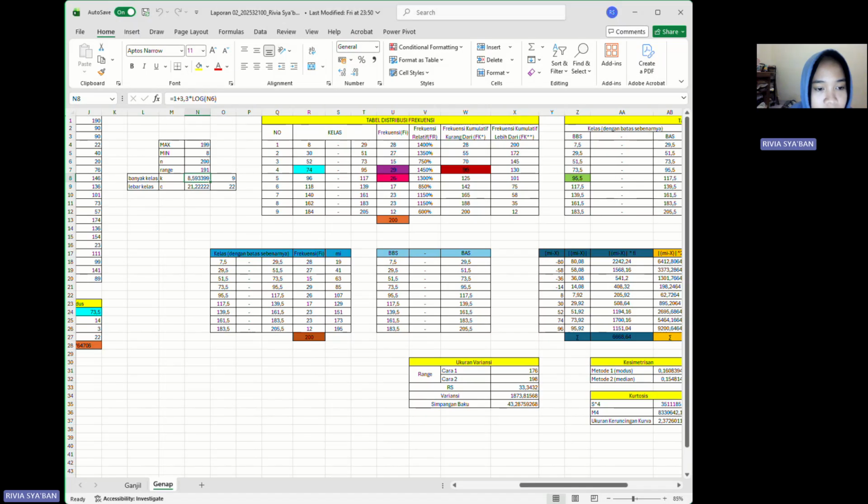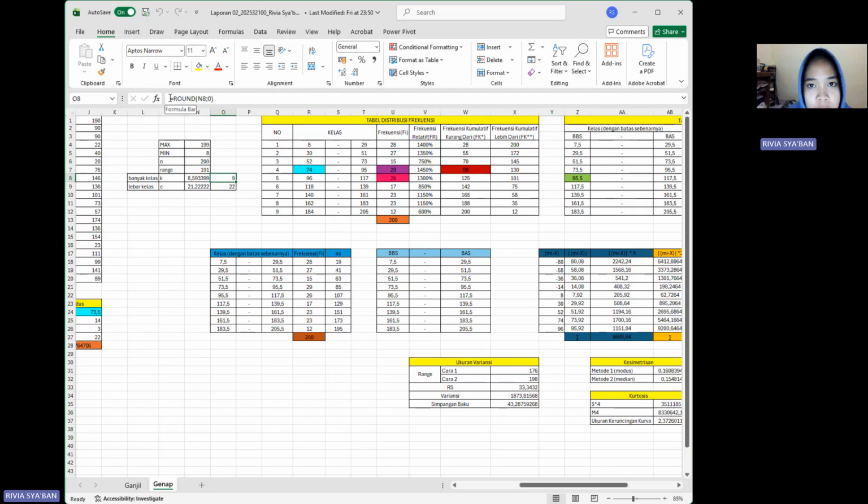We can calculate the number of classes, or K, using the Sturges formula. In this formula, we find the K value is 9.